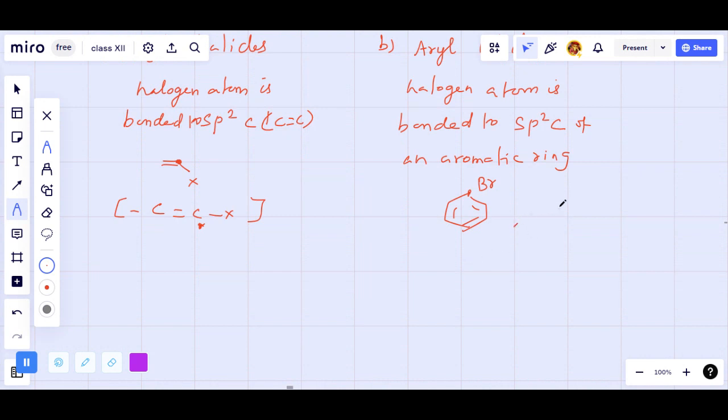Another example: CH3 with Br on the ring. This is also an aryl halide. But if it is like this, CH2Br, this is not aryl, this is benzyl.